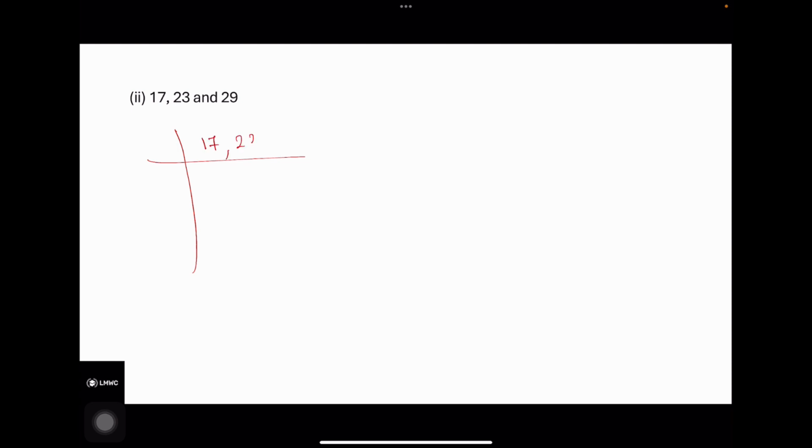Next, 17, 23, 29. For these numbers, we do not see a common factor. So 17 times 1 is 17, 23 and 29, copied down. 23 times 1 is 23, 29, copied down. And 29 times 1 is 29.